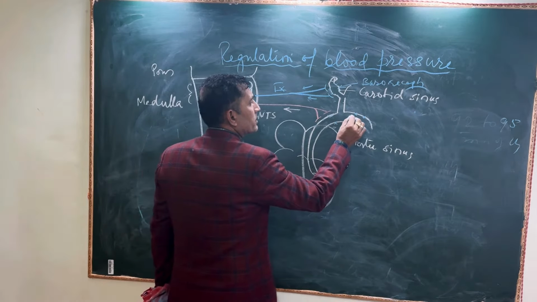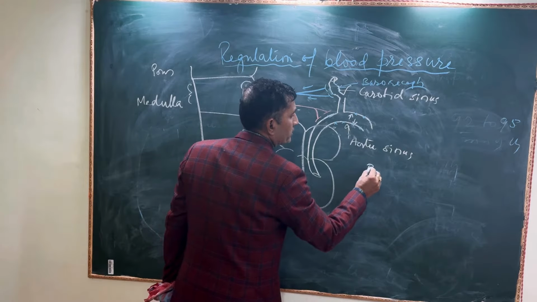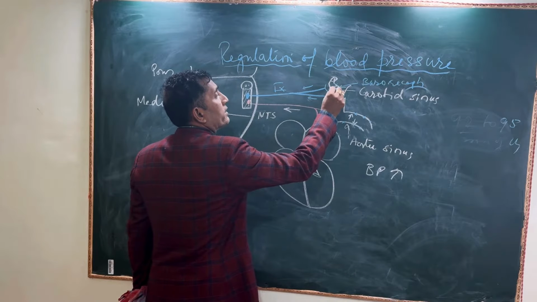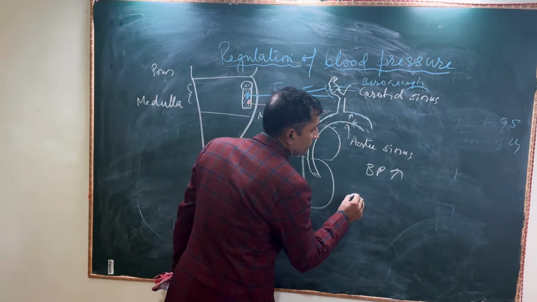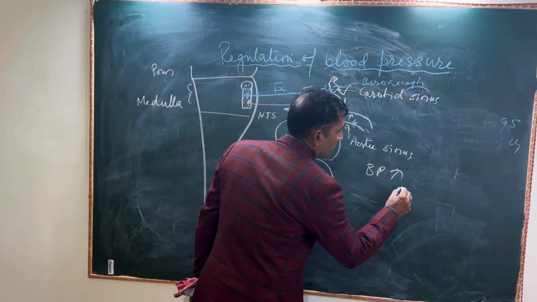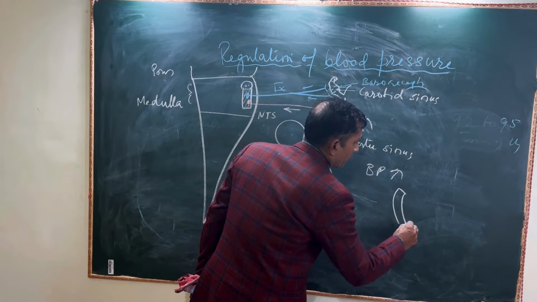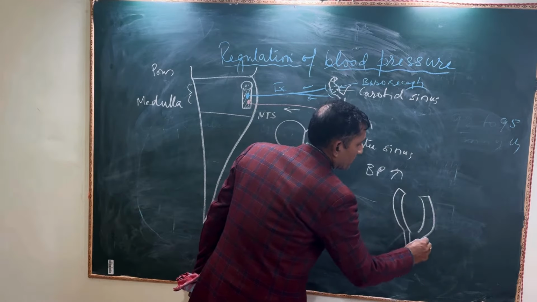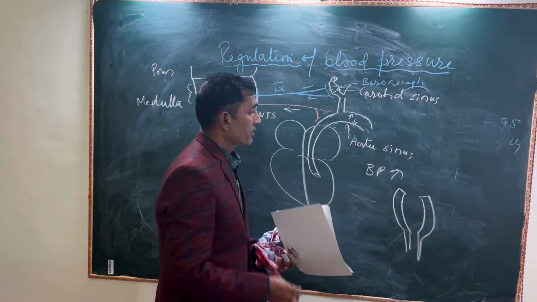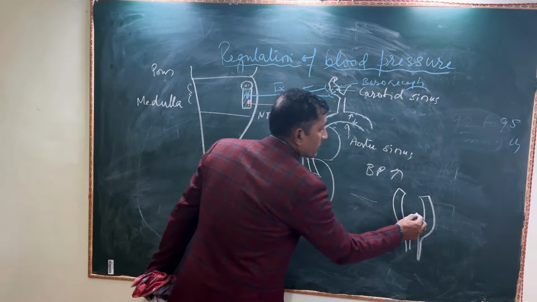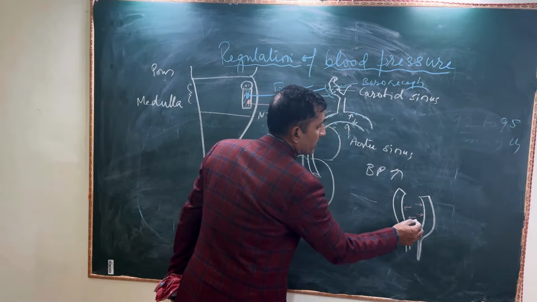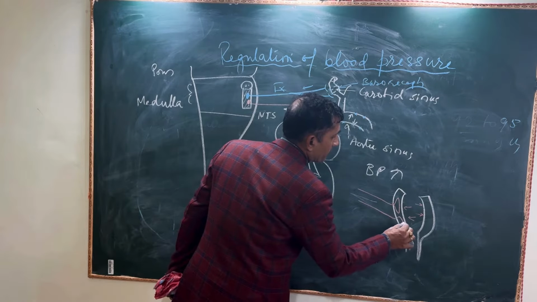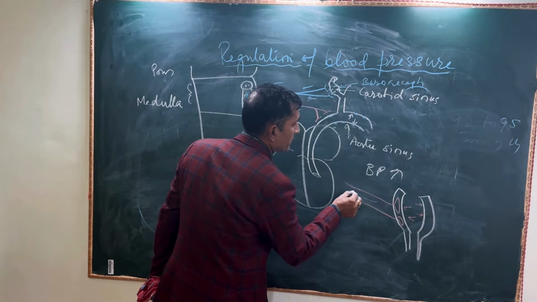If pressure is increased here, say blood pressure is increased, then what will happen? The pressure will be exerted here. If this is the structure of the carotid sinus, the pressure is exerted here on the carotid sinus, and inside we have the nerve ending, and all these are connected like this.